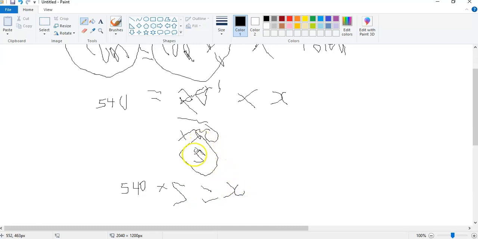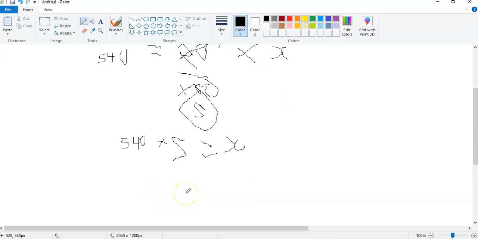Since the 5 is dividing, we multiply both sides so that you can cancel, so that it will be left with only x. So our x is going to be 540 times 5.